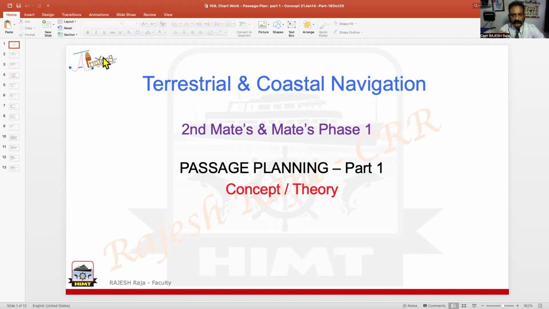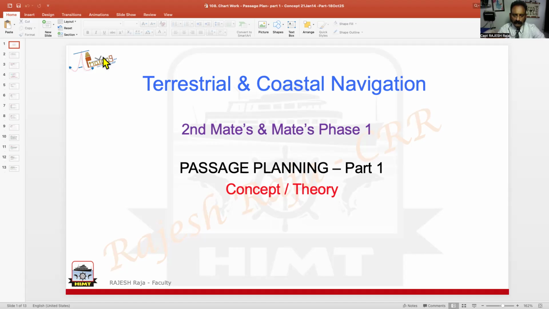Even for second mates also, please remember the passage plan is a compulsory question. Sometimes even after giving you a numerical on passage plan, that means making a route plan, they give you a theoretical question as well additionally. So you have approximately 20 to 25 minutes in an exam.